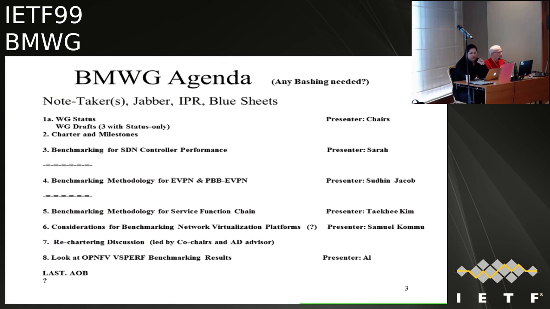So we've got that draft and it is moving forward toward adoption. Now, we've got several other drafts which have been proposed. One on service function chaining. Keiki Kim is here to present that. And then we had this other one, considerations for benchmarking network virtualization platforms in the data center environment.